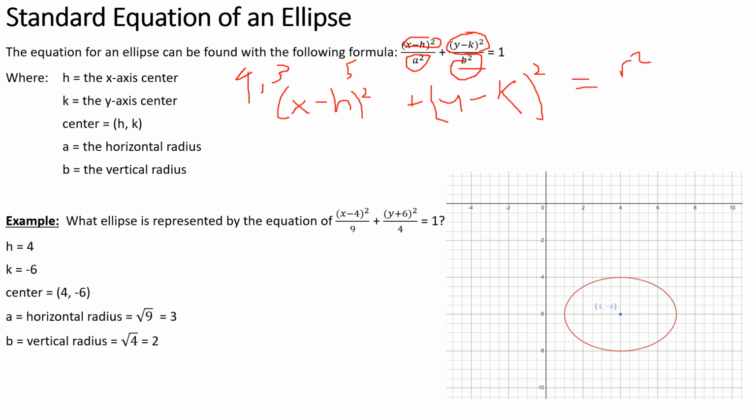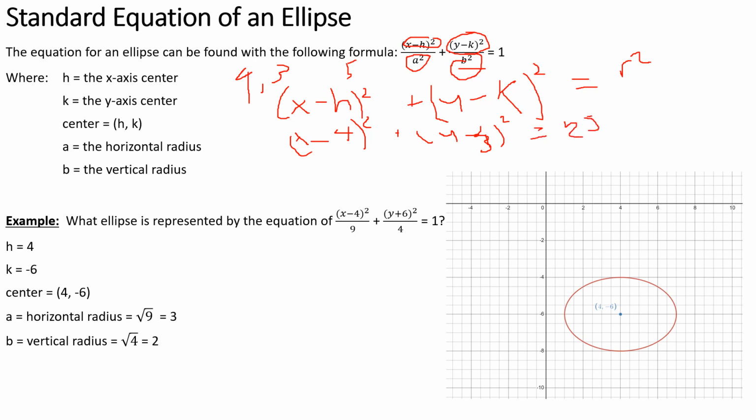And that would be x minus 4 squared plus y minus 3 squared equals 25, or 5 squared.